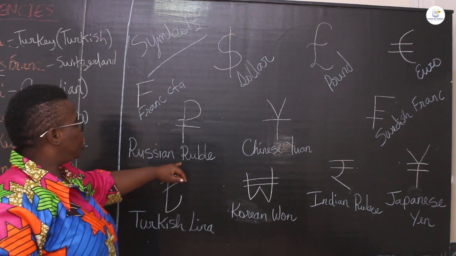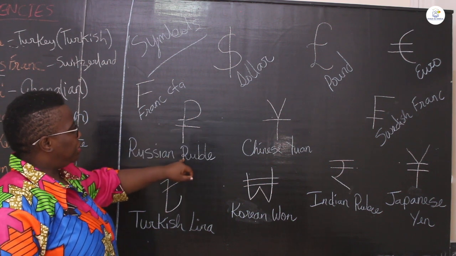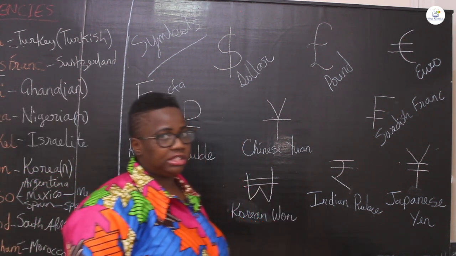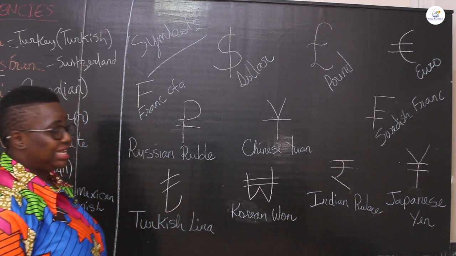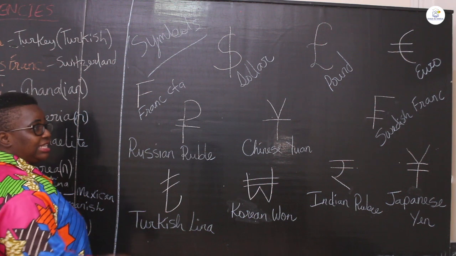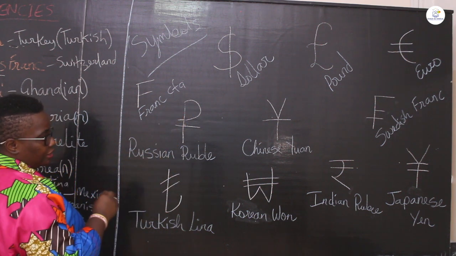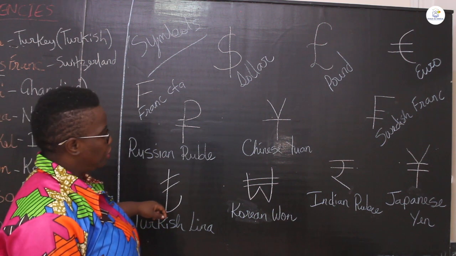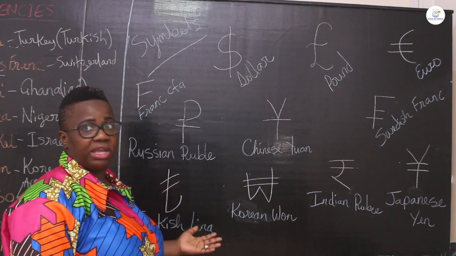And then you have the Russian ruble. Be careful between ruble and ruby. Those are two different things. And then the Turkish, you see that it's a small t, but the cuts are slant. They're not straight. Turkish lira.